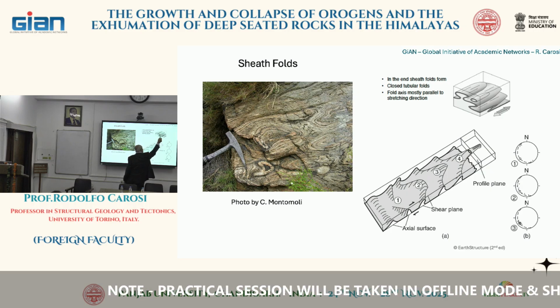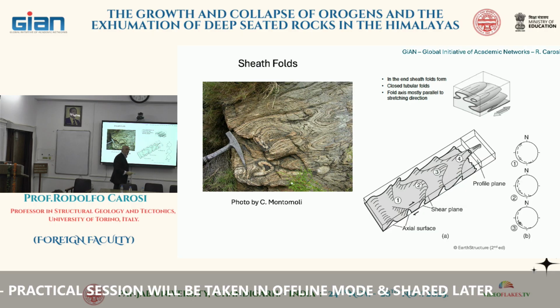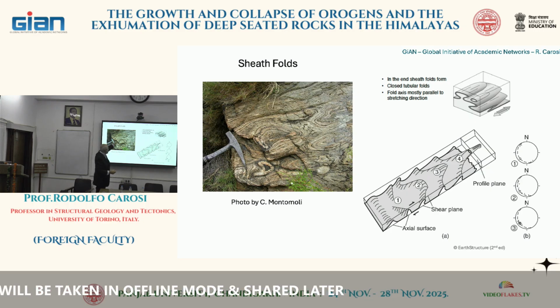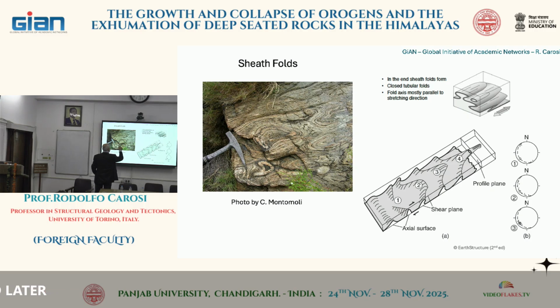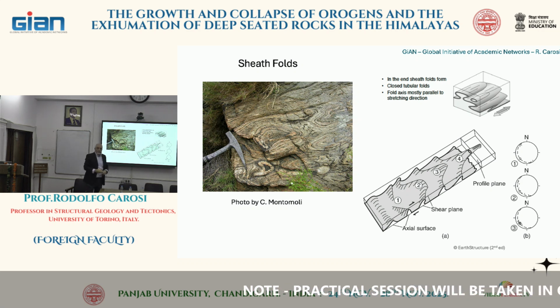And in section perpendicular to the elongation direction, you have closed folds, like this. These are metacherts in alpine Corsica, formed during the subduction of the oceanic lithosphere. And you have this closed shape, and the elongation lineation in this direction, and also the axis rotates in this way.